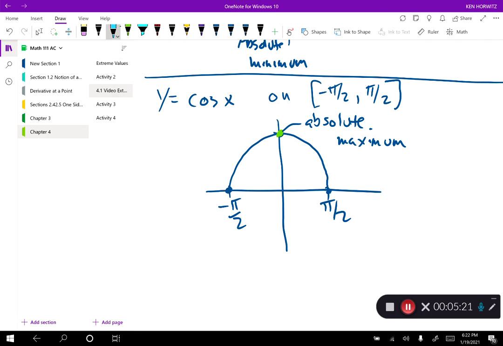And in this case, down here are your minimum, because they're equal. You would say your absolute minimum is negative pi over 2 and pi over 2. And you certainly can check my graph. If you need to, you make a table of values. I've just done these graphs so long that I can do them pretty quickly.